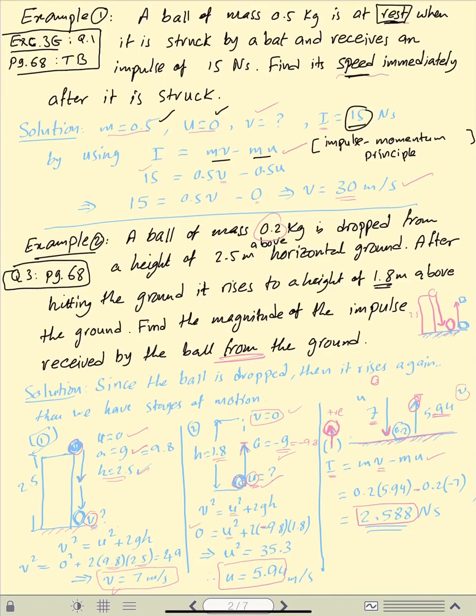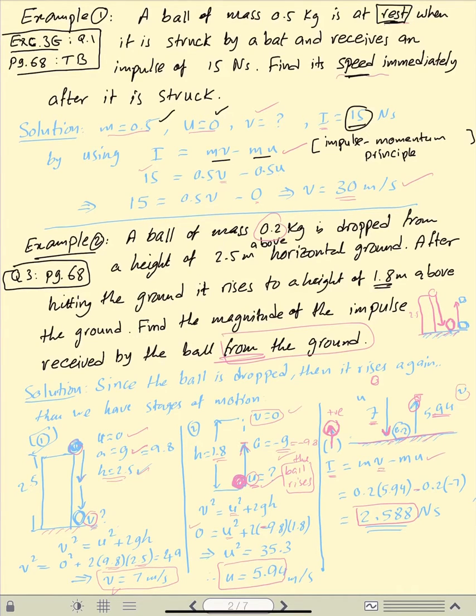Step 2, stage 2 now. After it hits the ground, the ball hits the ground now. The ball is here. It rises again. So we don't know its speed when it rises again from the ground.